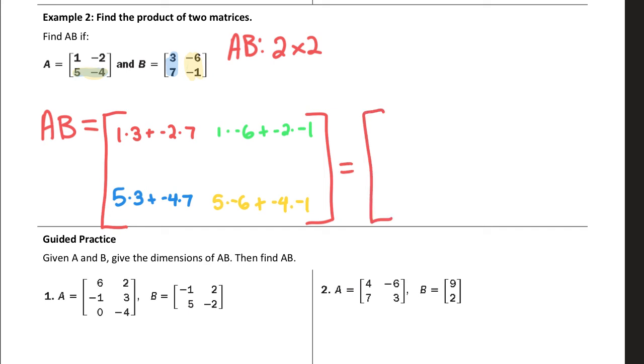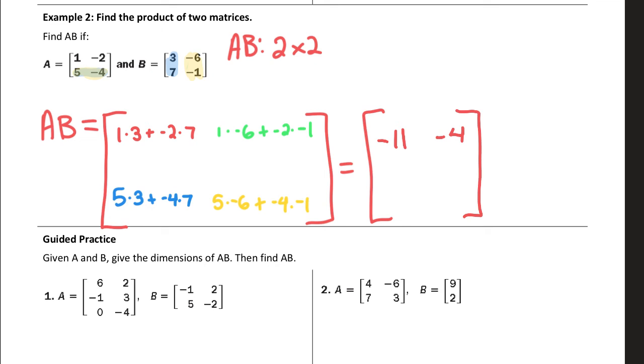So my top left element is going to be 3 plus negative 14, which is negative 11. My top right element is going to be negative 6 plus 2, so that's going to be negative 4. That's just me doing the math to find each of those elements.